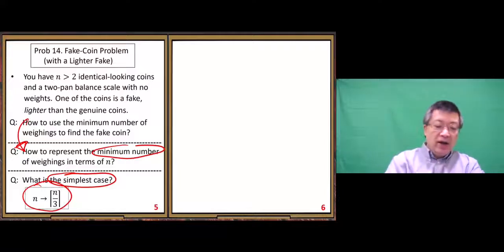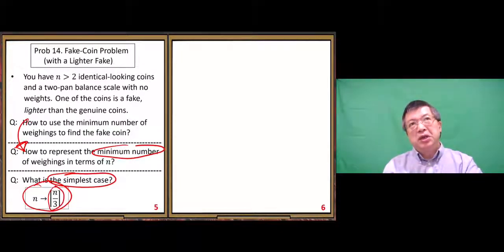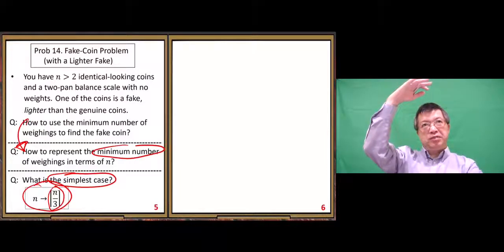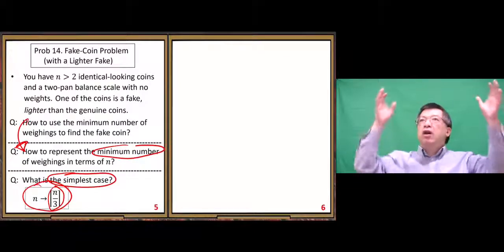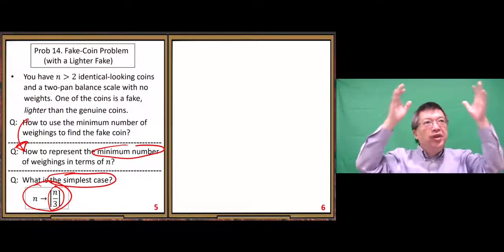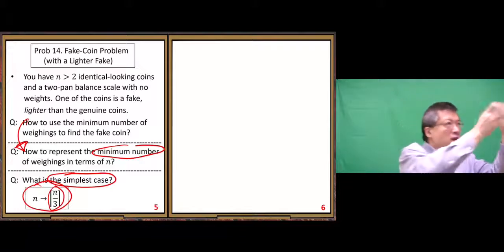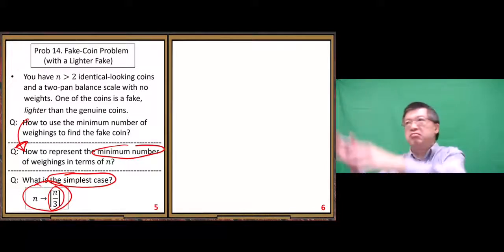When we look at the ceiling function, you can see if n is not a multiple of 3, it is not very convenient. We have the rounded up operation, not very convenient. But when we work on general n, we need to do size reduction many times.